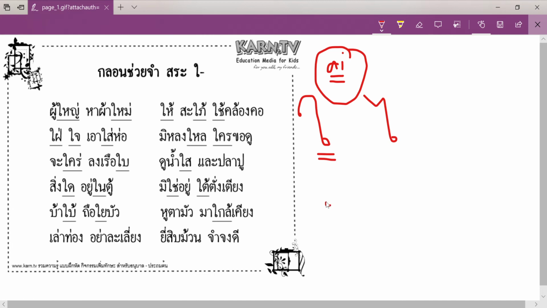And muan in Thai means to curl up, okay? You see, it's curling up here, so it's called saraไอไมมุan.